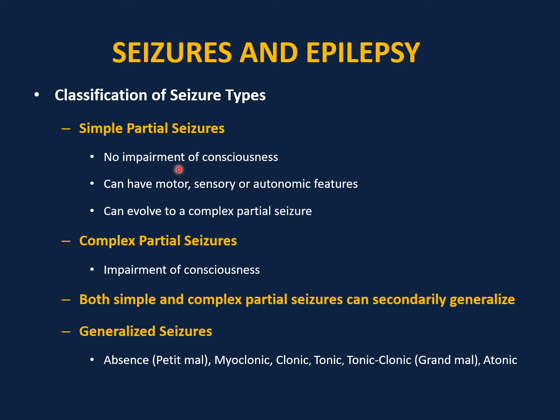Not necessarily loss of consciousness, just impairment of consciousness can make it complex partial seizure. Both simple and complex seizures can generalize. Generalized seizures, for example, absence seizure or petit mal epilepsy, myoclonic, clonic, tonic, or tonic-clonic, which is grand mal epilepsy, or atonic with sudden collapse.